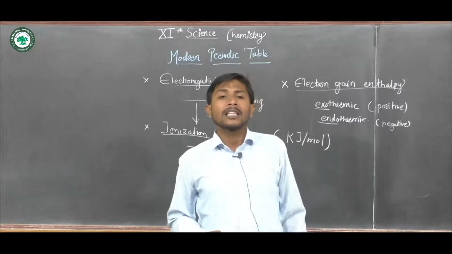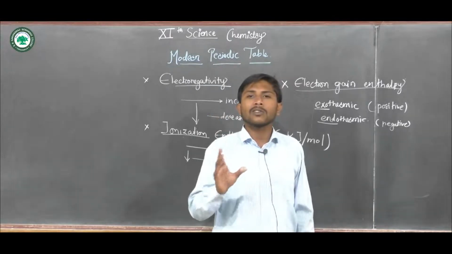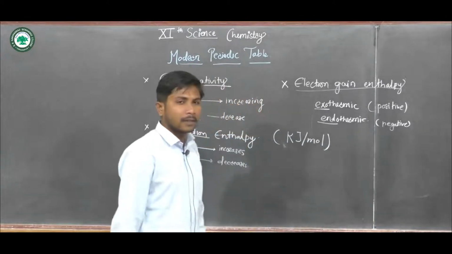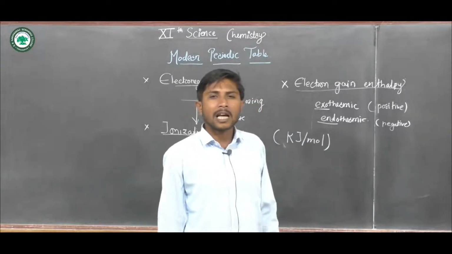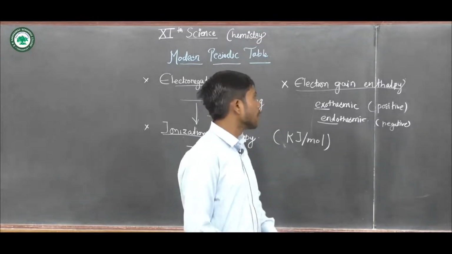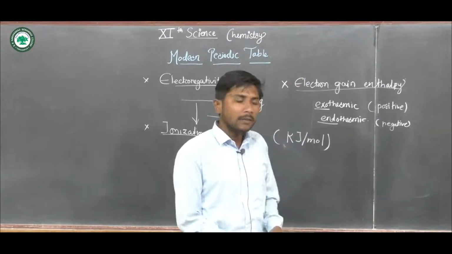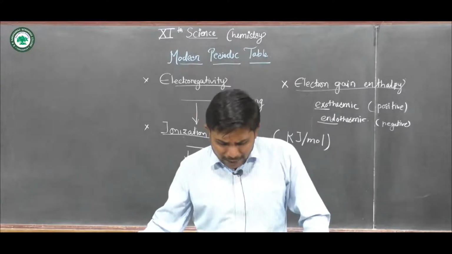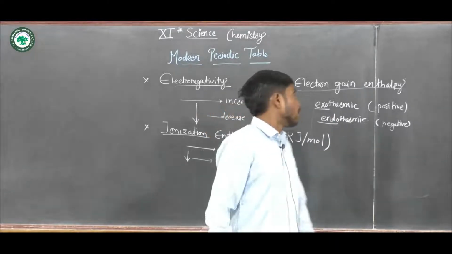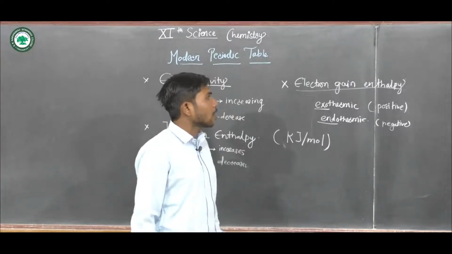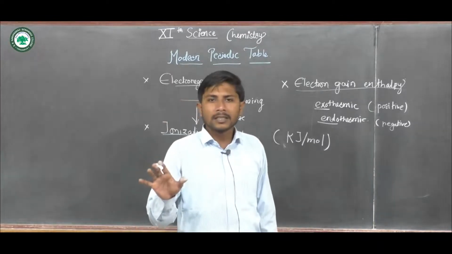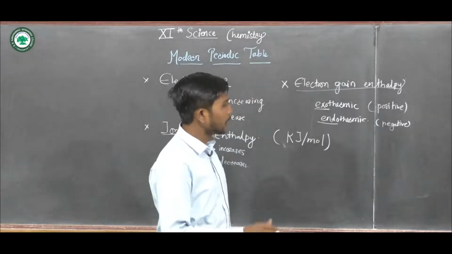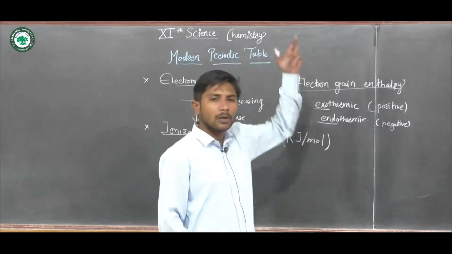Acquiring 1 electron, they get the stable electronic configuration like the noble gas elements, and that's why electron gain enthalpy is more negative in the case of halogens, meaning that it is an endothermic process. And the trend we can directly say is that electron gain enthalpy also increases from left to right across the period, and it decreases down the group.